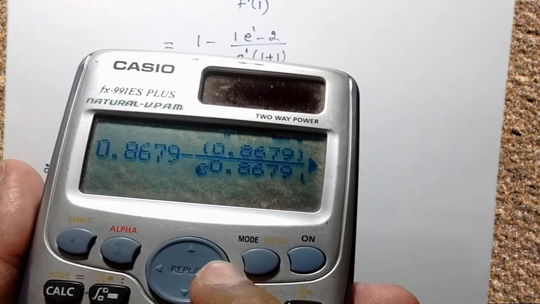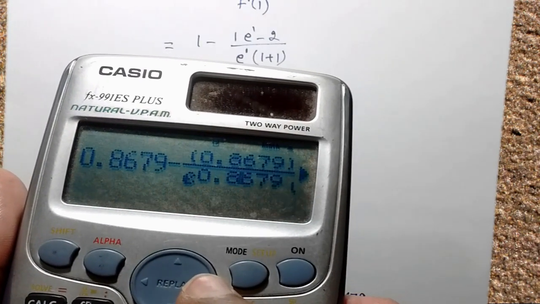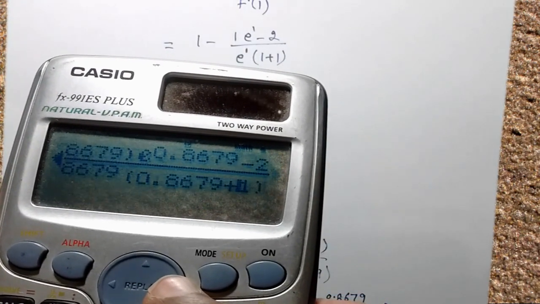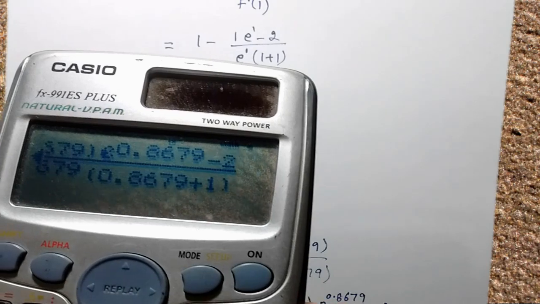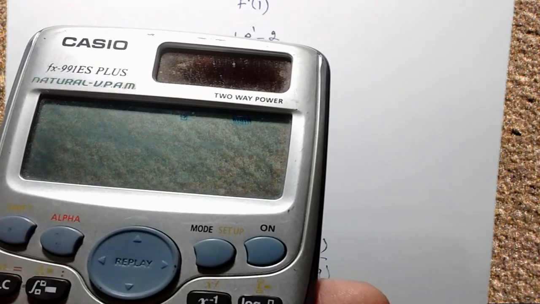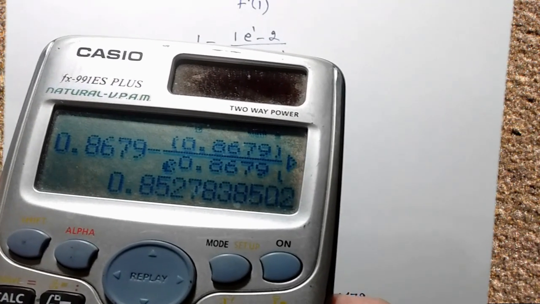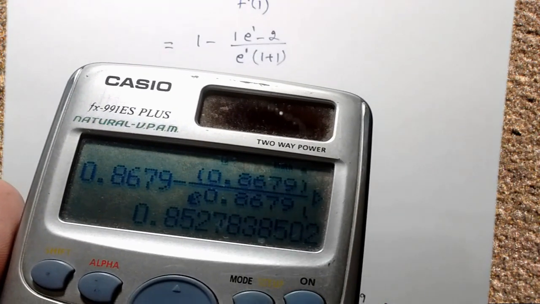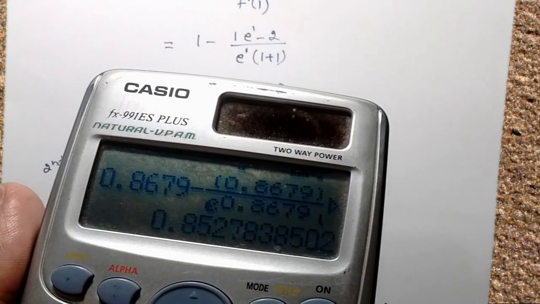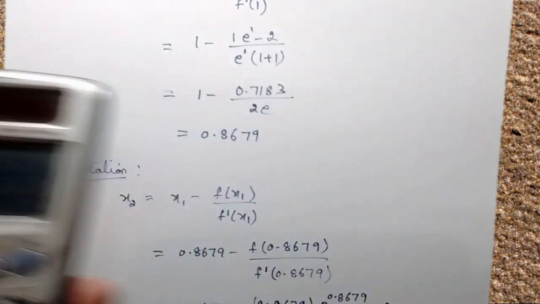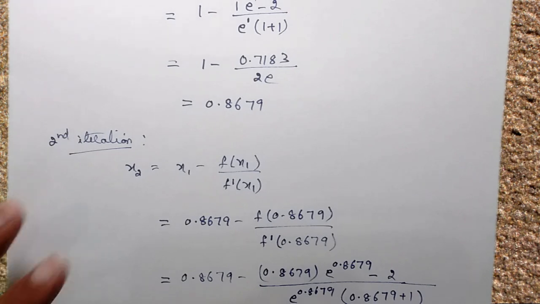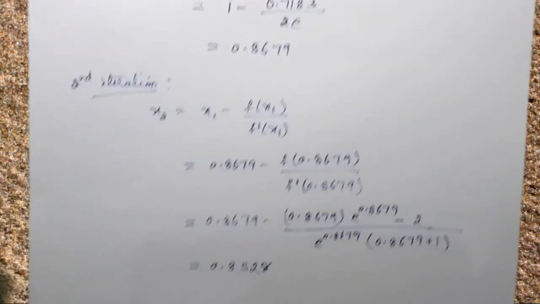The denominator value is e power of 0.8679 into 0.8679 plus 1. So let us check what solution we will be getting over here. So therefore you have got it as 0.8527, right? 0.8527. So let us write down that value, 0.8527, or 0.8528 you can approximate for the decimal place.